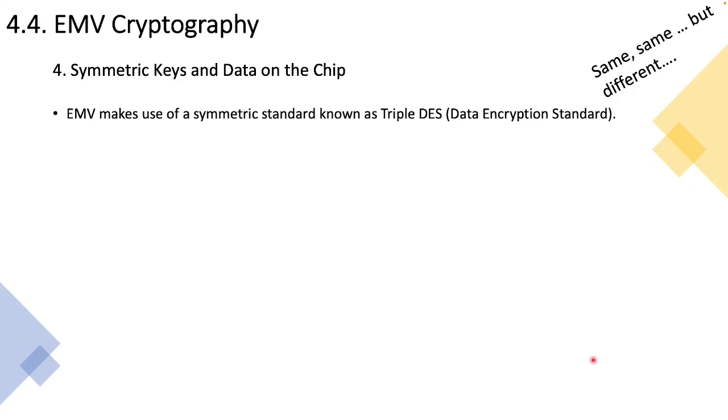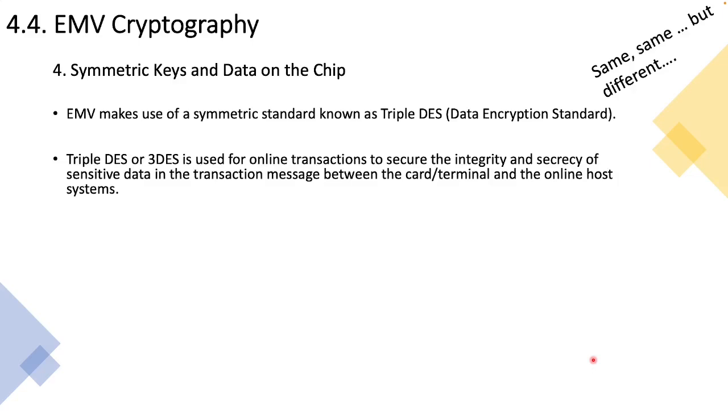So remember in our example, we use DES. So this is an advanced form of DES. It's known as triple DES. Triple DES or 3DES is used for online transactions, and it's used to secure the integrity and secrecy of sensitive data in the transaction message between the card and terminal and the online host systems.